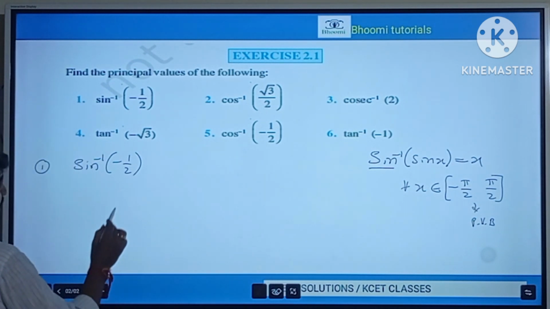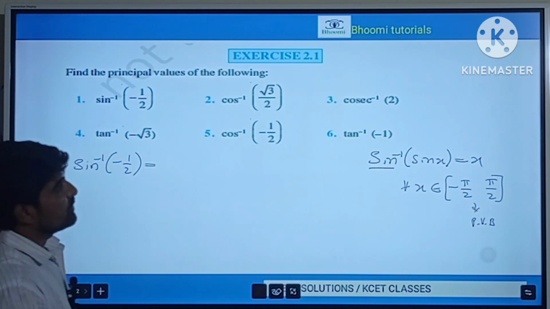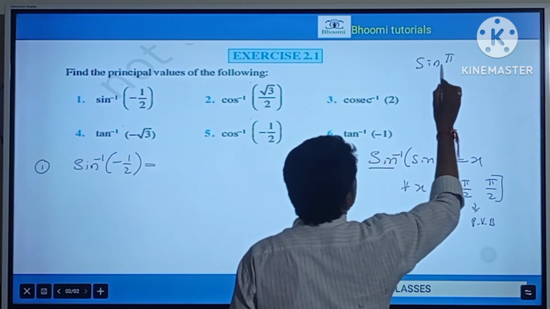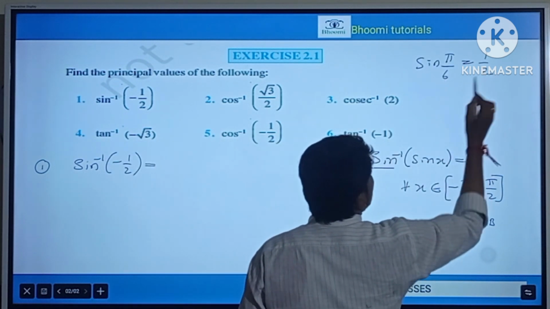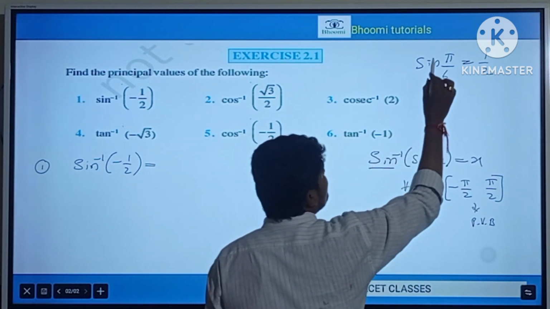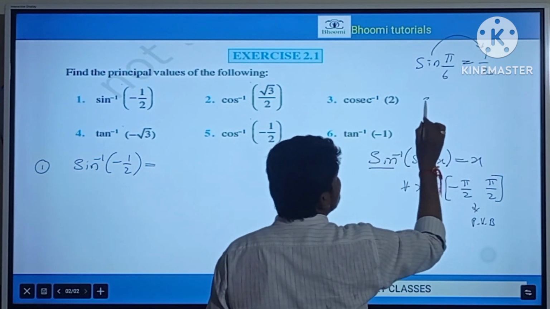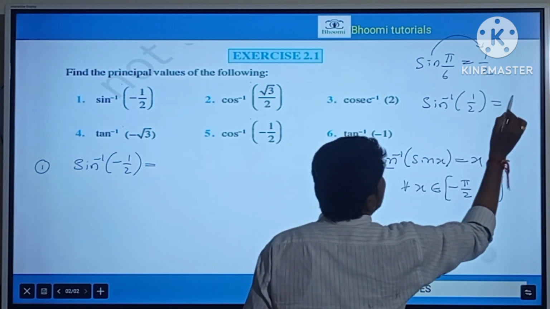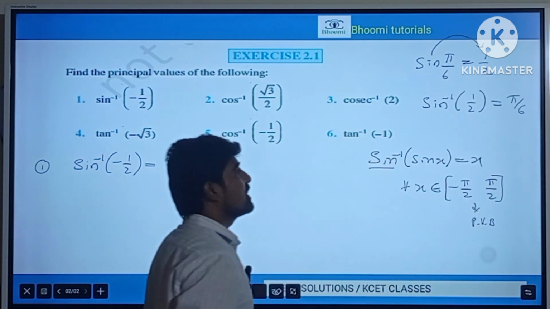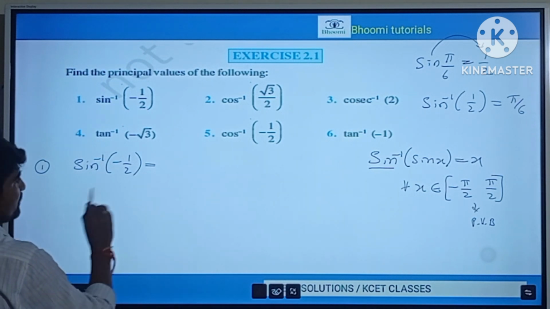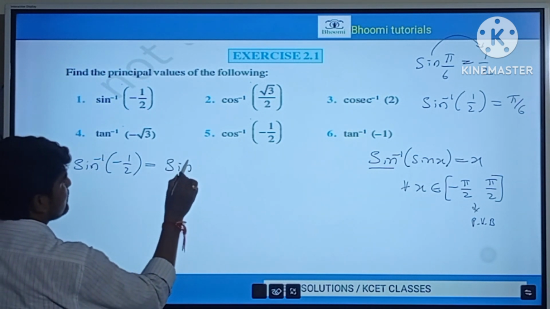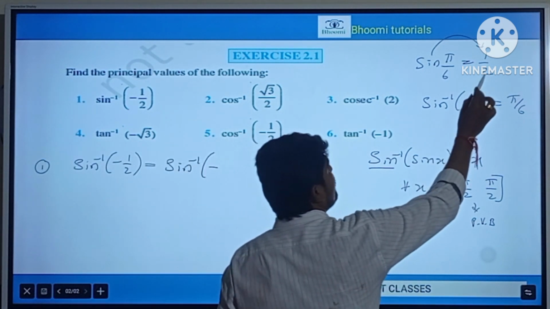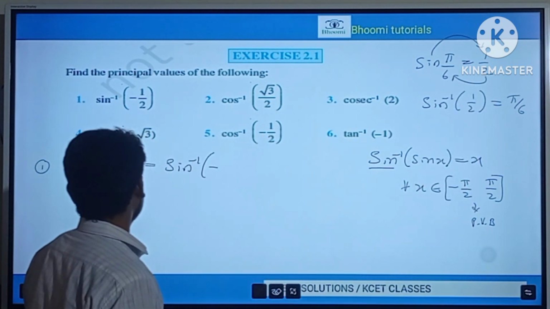We know that the value of sin pi by 6 is equal to 1 by 2. It means sin inverse of 1 by 2 is equal to pi by 6.